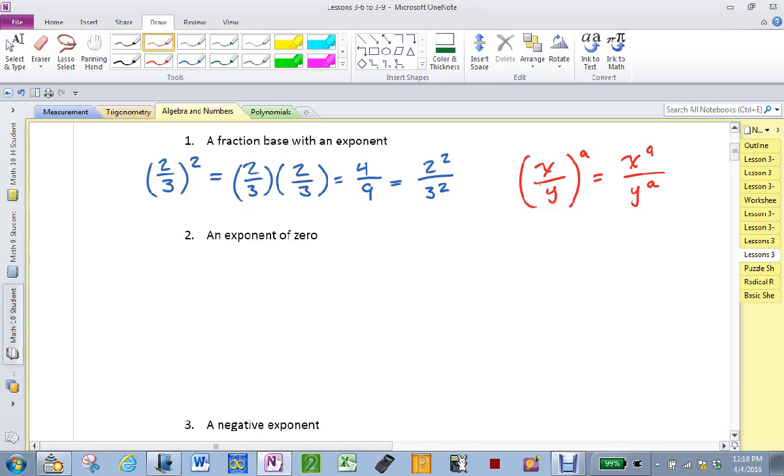An exponent of 0. Now, the exponent 0 causes a lot of people a lot of problems because a great many of you haven't been shown why it is true. You have been told what the answer is. What is 2 to the 0? 1. Okay? What is negative 2 to the 0?